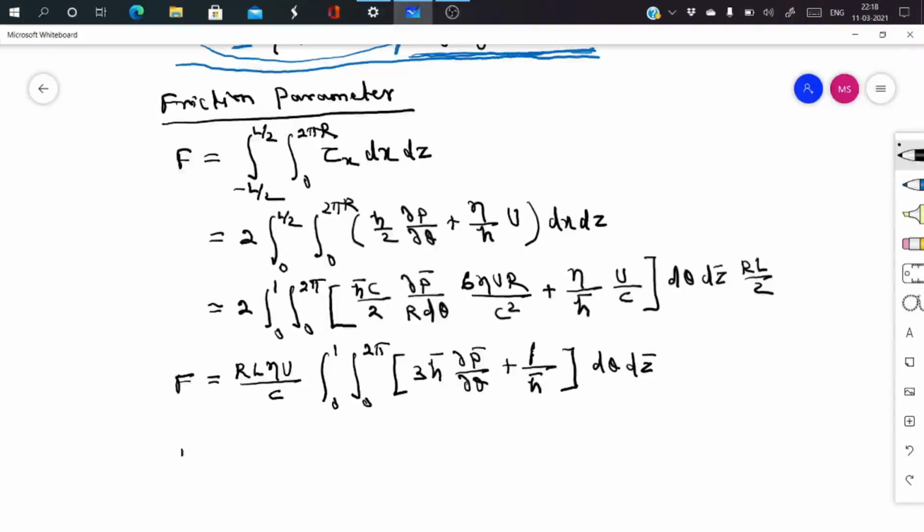If you want to find out non-dimensional F, then what you can do? Fc by eta u r L, 0 to 1, 0 to 2 pi.